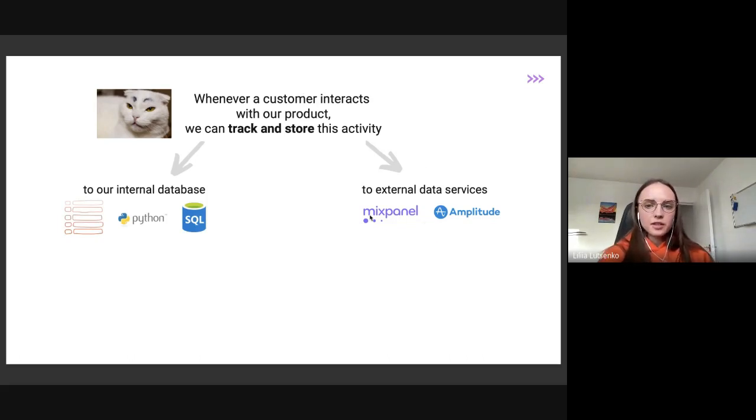These external data services store data on how our users complete certain funnels, click buttons, and usually data on their customer journey, and they store it in their storage.